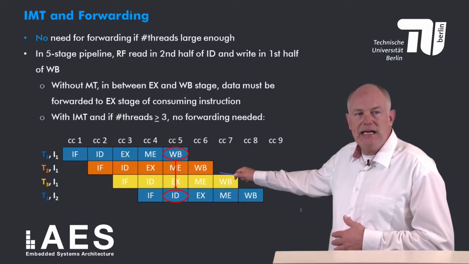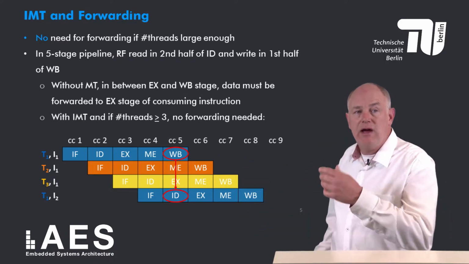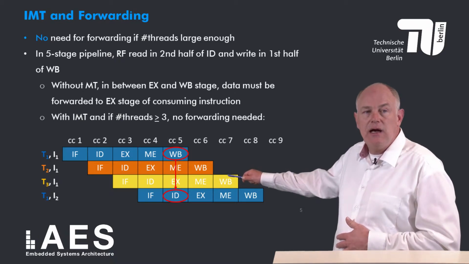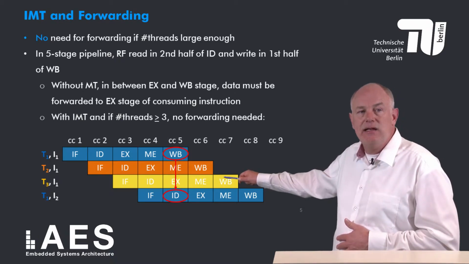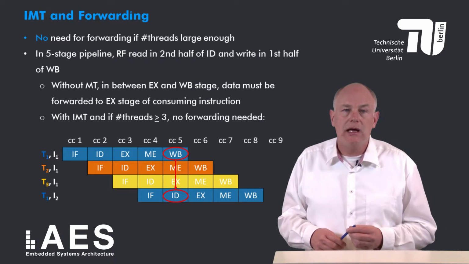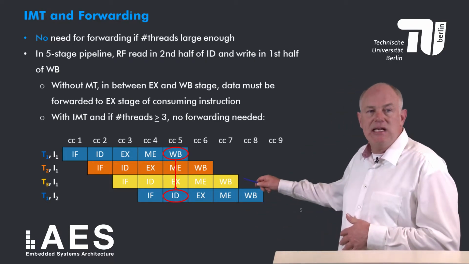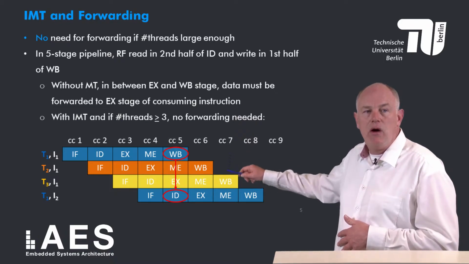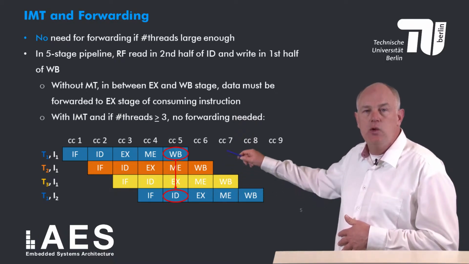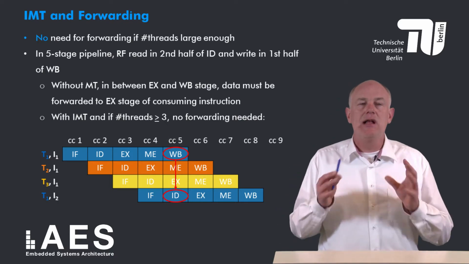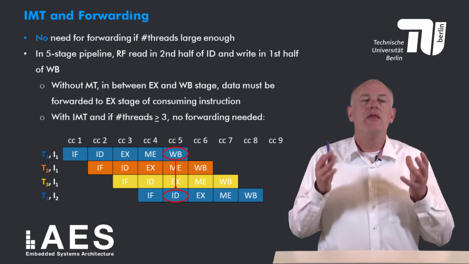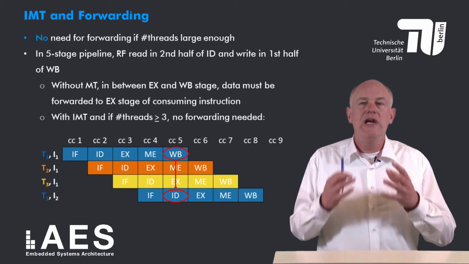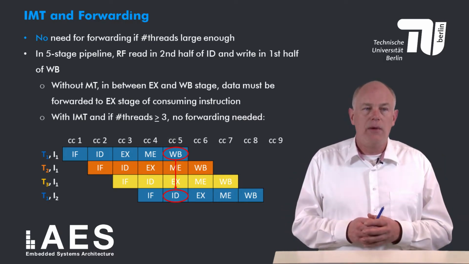And the second instruction of the very same thread reads the register file in the second half of that very same clock cycle. So if the second instruction is dependent on the first instruction, the number of cycles between these two instructions is large enough that the second instruction reads the correct data from the register file.